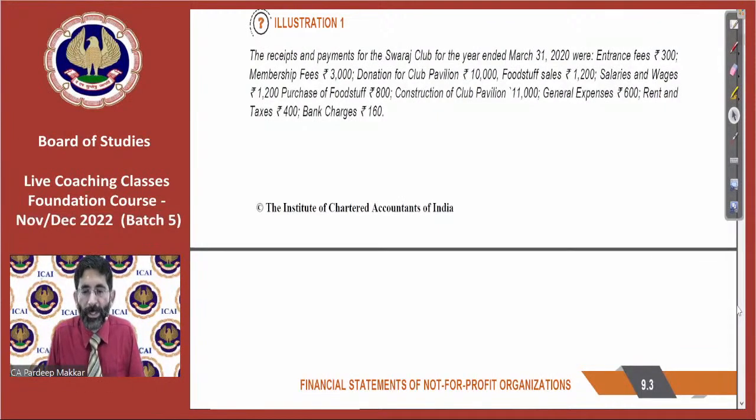Those who have understood illustration number 1 in full, see item by item. Here the receipt and payment account for the year ended is given to you. Just think and then check the solution.